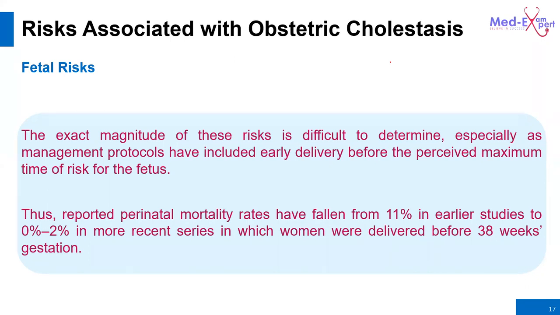As we are going to say in the timing of delivery, now the protocol is to deliver the baby earlier at 37 weeks, and usually the maximum time of risk to the fetus is after 37 or 38 weeks gestation. So the perinatal mortality rates have fallen from 11% in earlier studies to 0 to 2% in more recent series in which women were delivered before 38 weeks gestation.